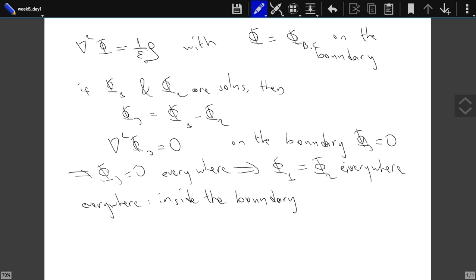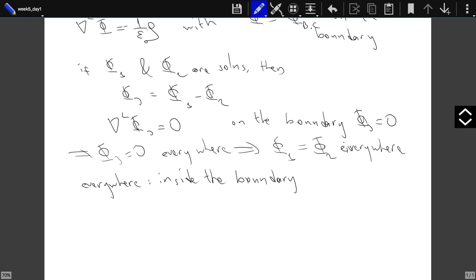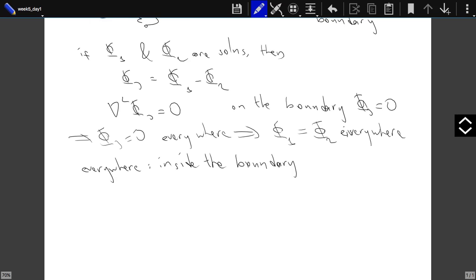Today we will see a case where we have these phi 1, phi 2 functions which are equal inside our boundary, but they are different outside. Now this was one of the uniqueness theorems which proves that if we know the boundary conditions, then the solution is unique. But it might happen that we might not know the boundary conditions.